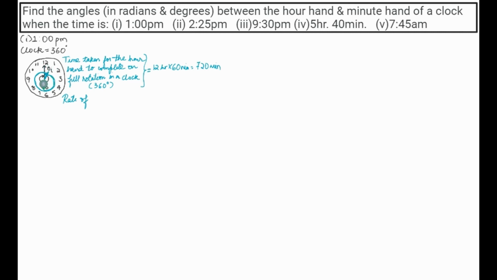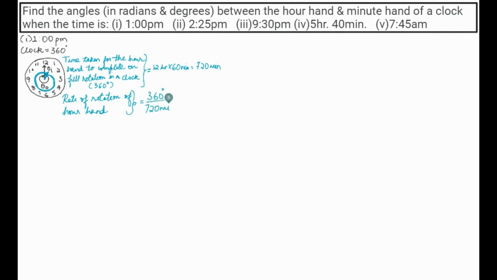So the rate of rotation of the hour hand: a clock measures 360 degrees and the hour hand takes 720 minutes to complete one full rotation.